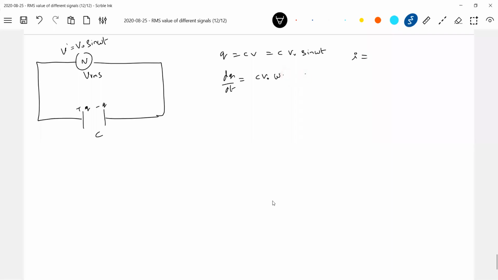Differentiation of sine will be cos omega t. I will write this in the Ohm's law form. I'll bring a quantity called XC. XC is 1 by omega C.